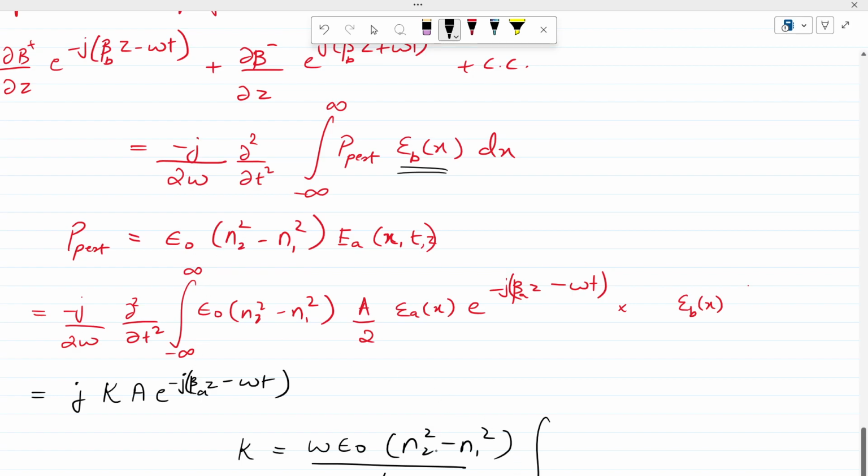Actually, the perturbation is from 0.4 h to 0.5 h, EA of x times EB of x dx.